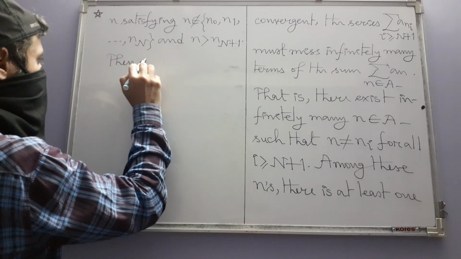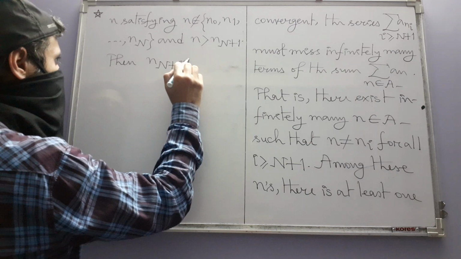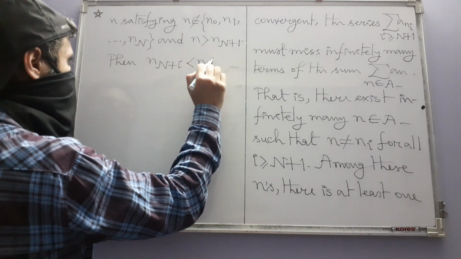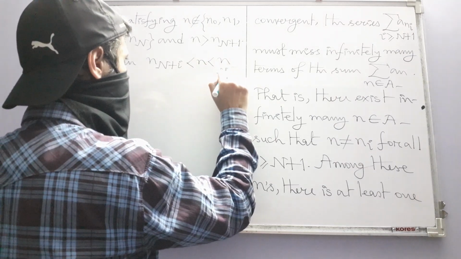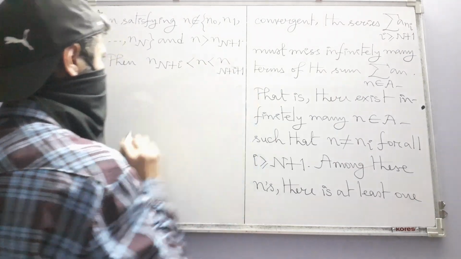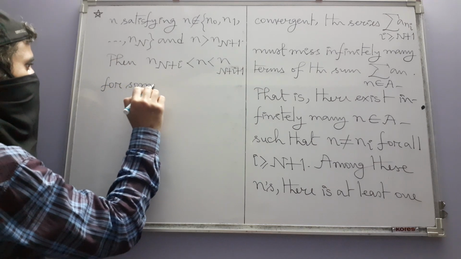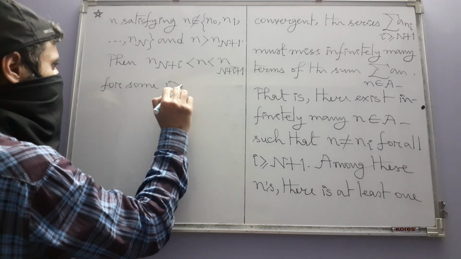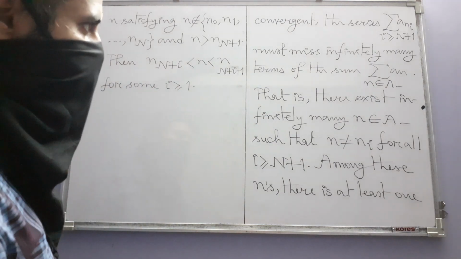Then n plus I is less than n, which is less than n plus I plus 1, for some positive natural number I. This has to happen.